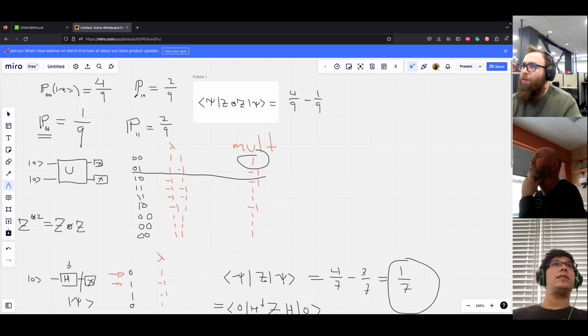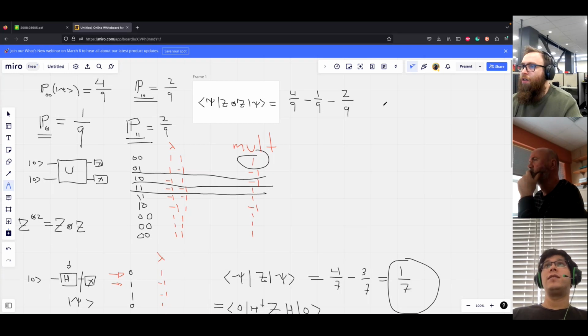Then the next one, let's say we use 1, 0. For 1, 0, again, the multiplication of these two gives us -1. So we have a minus, and then 2/9. Finally, with the 1, 1, we have a 2/9. For the 1, 1 state, each one gets replaced by a -1. We multiply that.